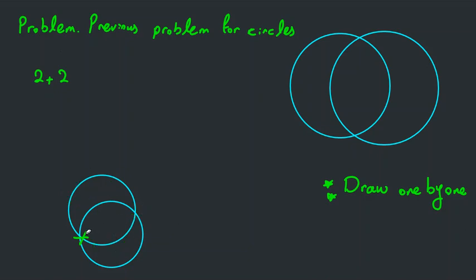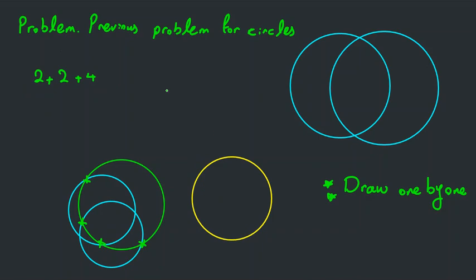Now if we consider the third circle, let me draw it with another color. How many intersections are there? 1, 2, 3, 4. So it passes through 4 regions. Now let's consider the nth circle. What's the maximum number of intersections on this circle?